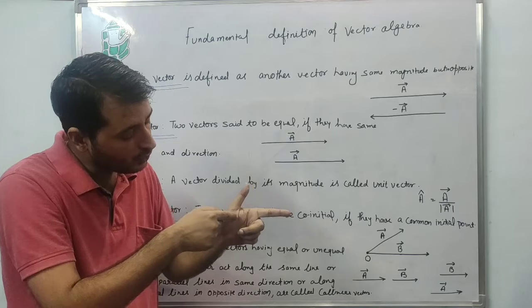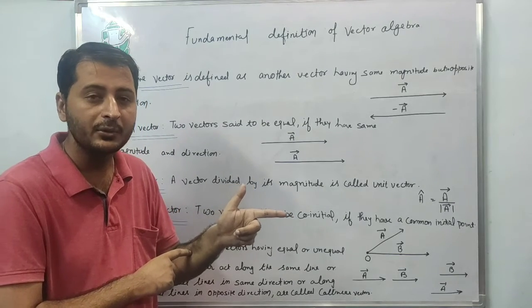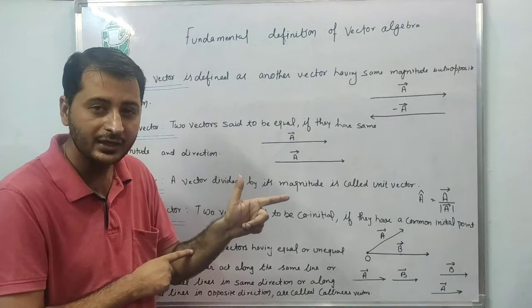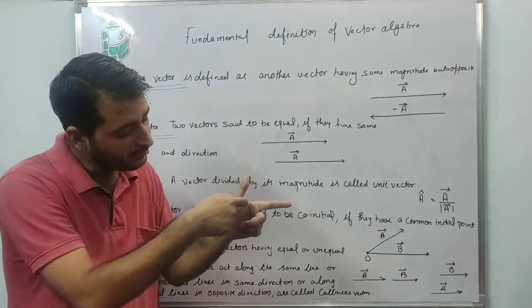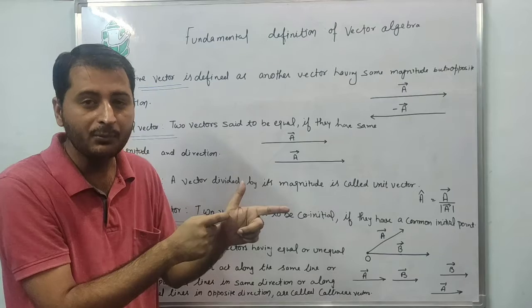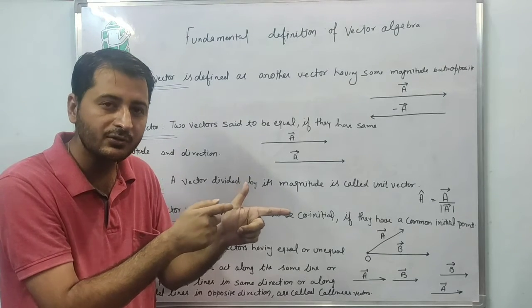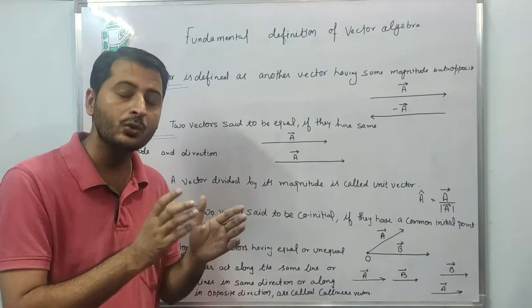So we have two vectors like that. At that time, if you see, both vectors have a common point, so those vectors are said to be co-initial vectors.